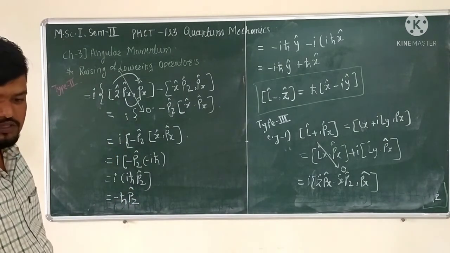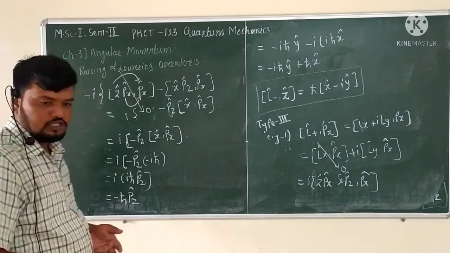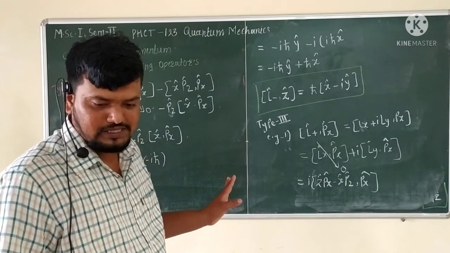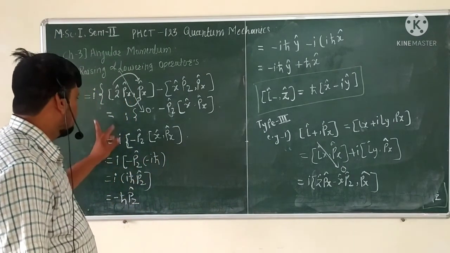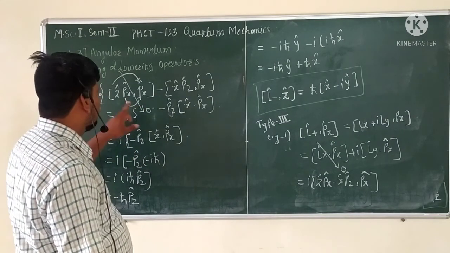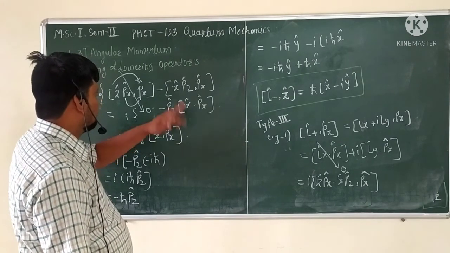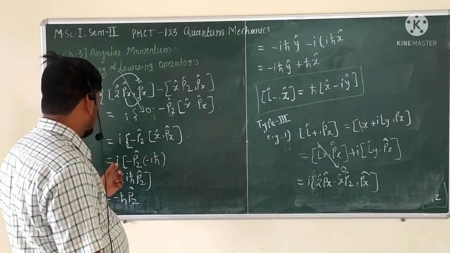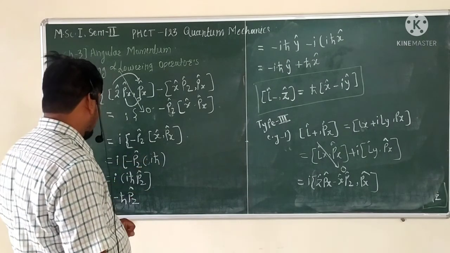Let me check the sign, since there may be a mistake: i is there, a minus sign is there, Pz cap is taken outside, and [x cap, Px] is plus i ħ, sorry for this.